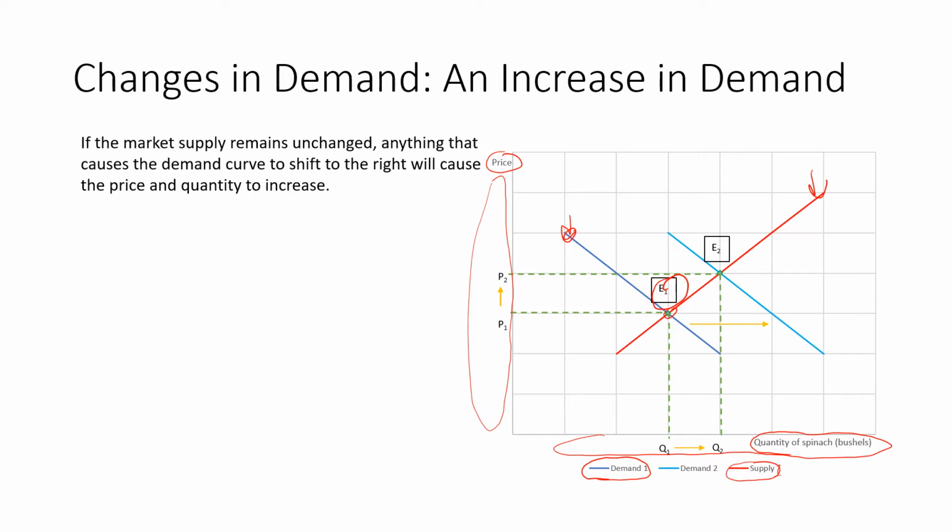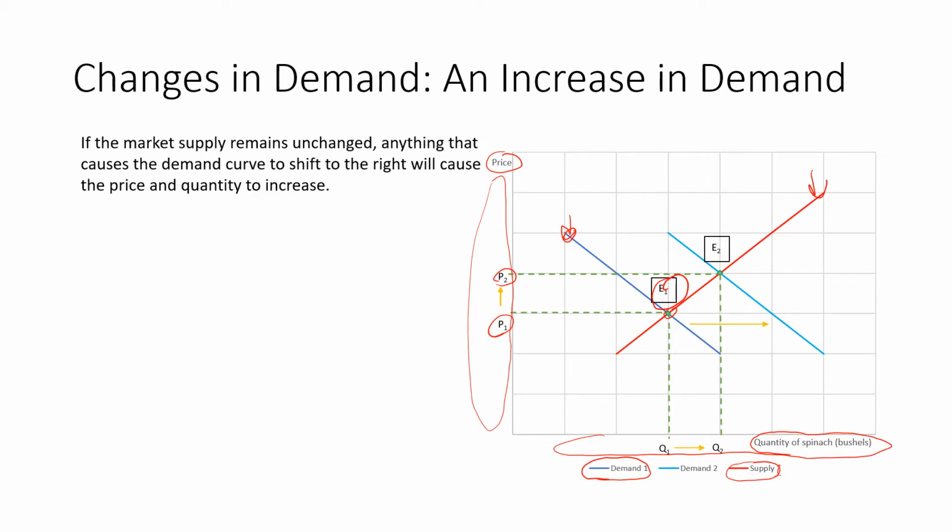Instead, I've labeled them P1 and P2 for our initial price at equilibrium point 1, and our new price when our demand curve shifts, P2. Same for quantity, Q1 shifting to Q2. Q1 corresponds to our initial equilibrium point, E1, and Q2 to our new equilibrium point, E2.